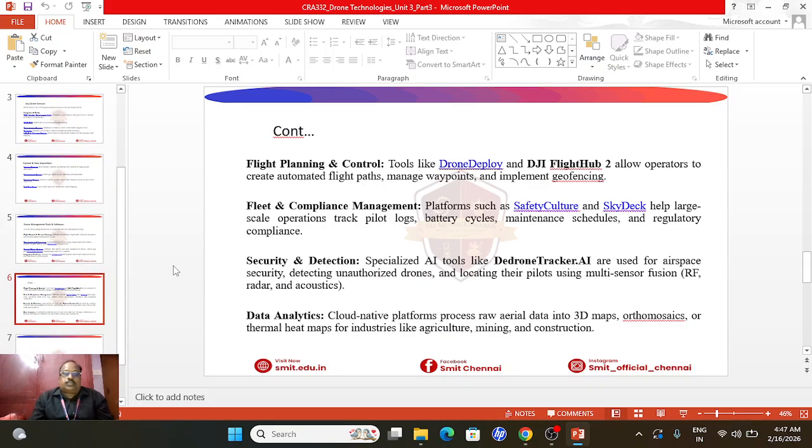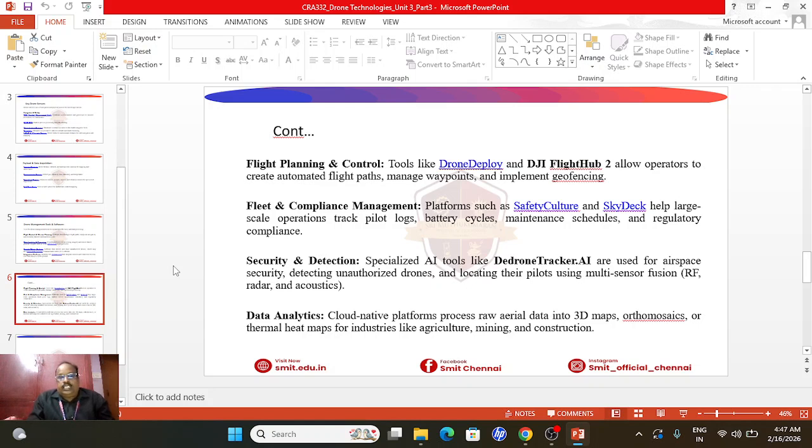Continuing with the controllers and management tools for the drone. Flight planning and control is one of the tools, like DroneDeploy and DJI FlightHub, which allow operators to create automated flight paths, manage the waypoints and implement geofencing.